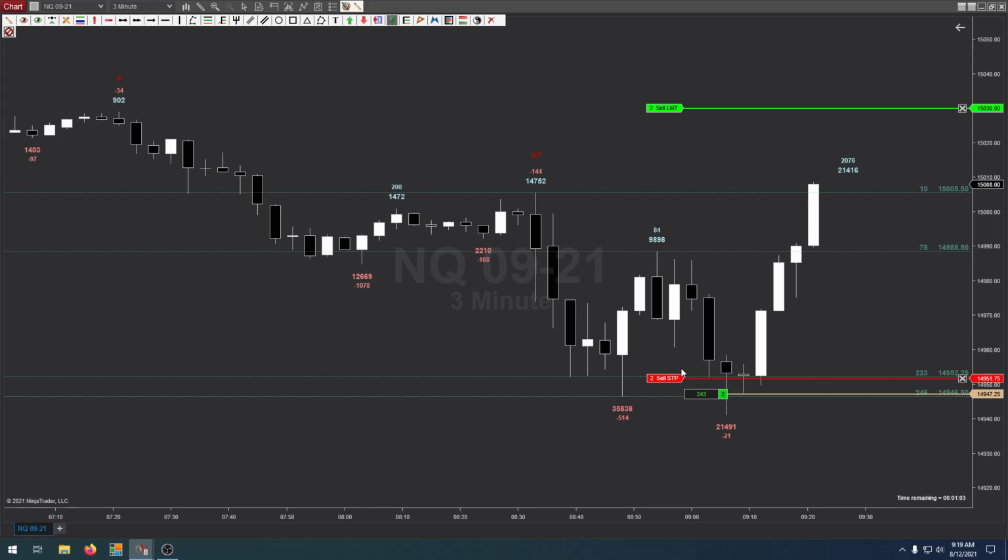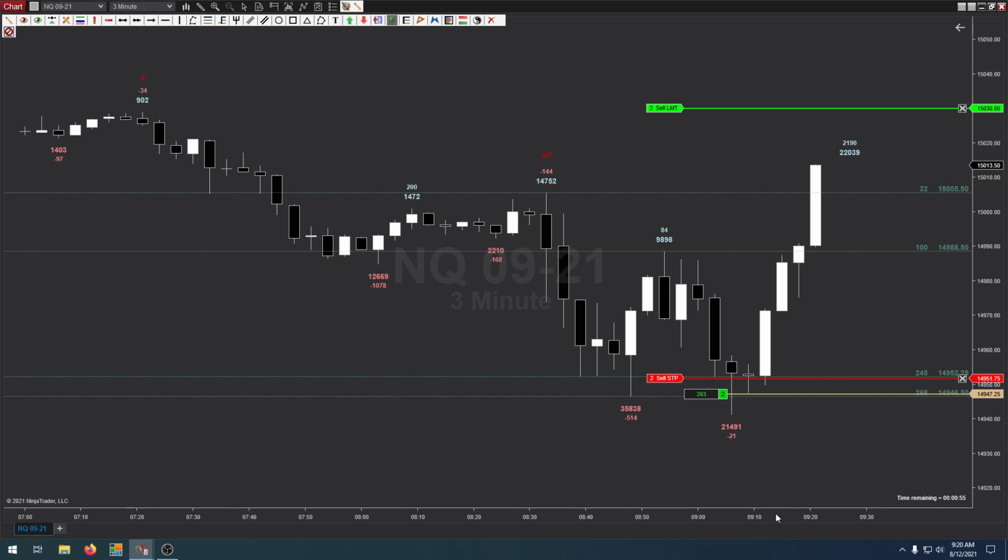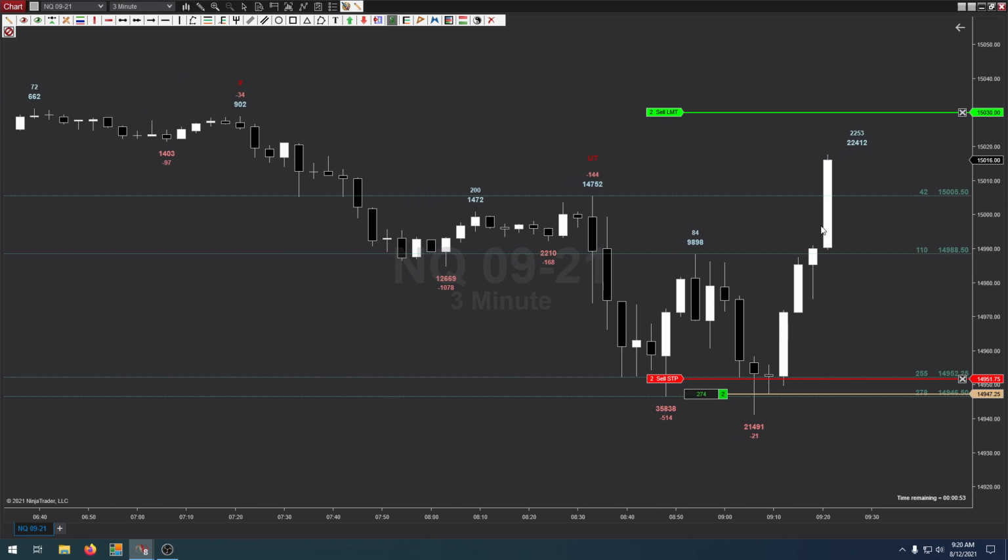This is where I'm trying to figure out where to put my trail right now. We need to close above here. And this is the overnight, just below the overnight trading high, current day's high. I'm going to bring this up to this level right here, this high.